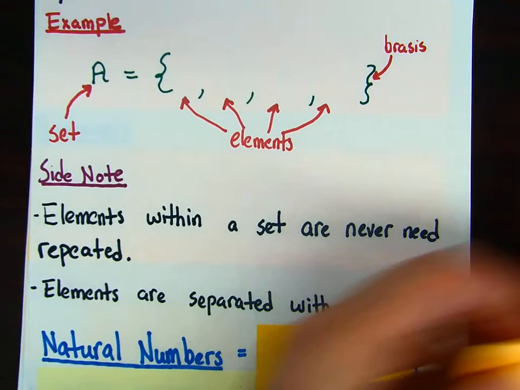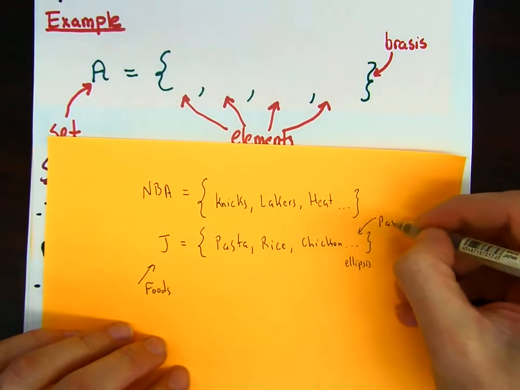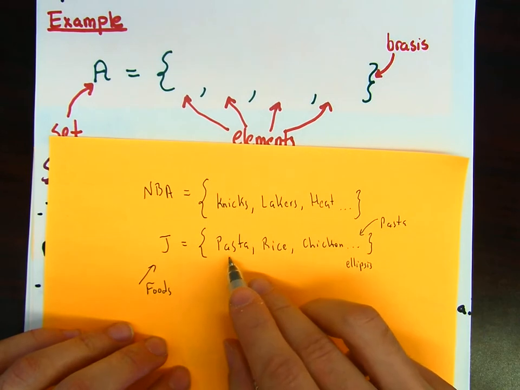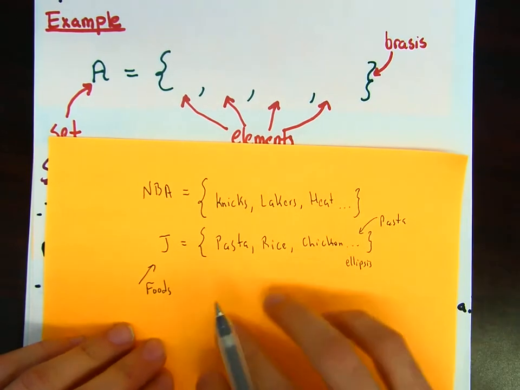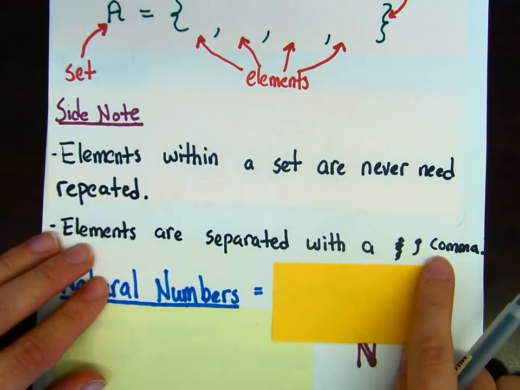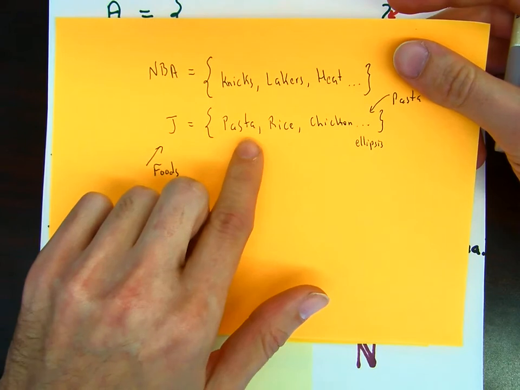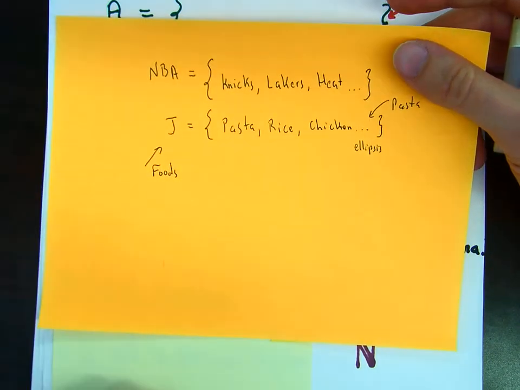So for example, if I have my set over here, I don't need to write pasta again within my set because I already have pasta. You don't need to repeat any elements, and elements are separated with a comma. So here, that idea that anytime you have a comma, it separates the elements within the set.